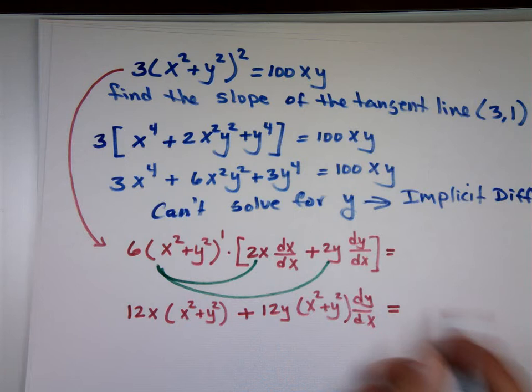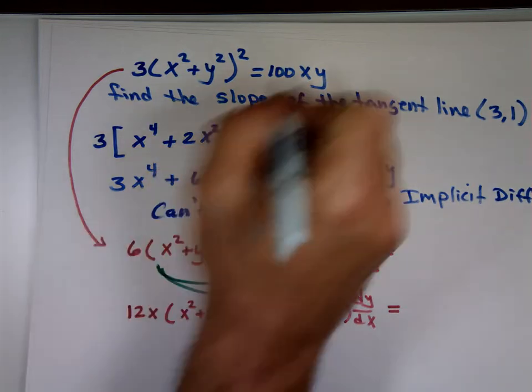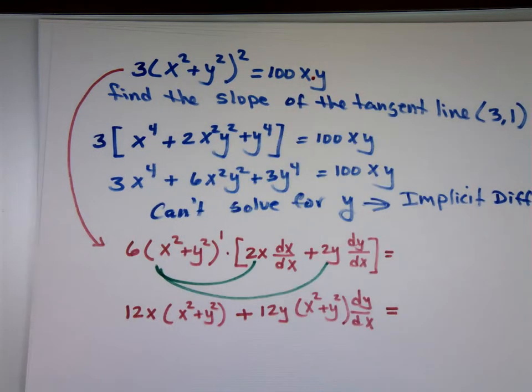Now, let's come back to the right side. You have 100xy. What does that mean? When you see xy, what does that mean? X times y, right? 100x times y. So what method are you going to use there? Product rule. This is f and that's g.